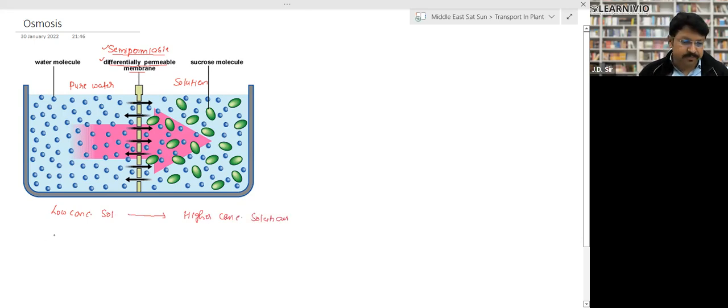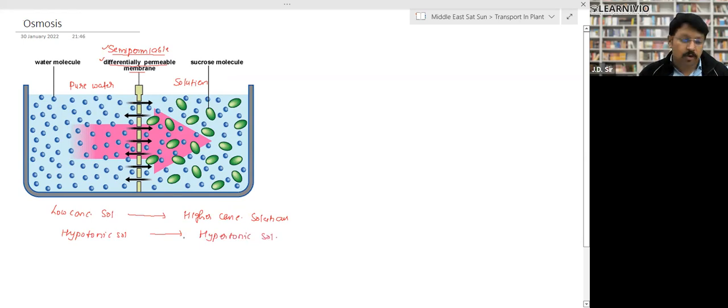Low concentration is also called hypotonic, so it is movement of water molecules from hypotonic solution to hypertonic solution.